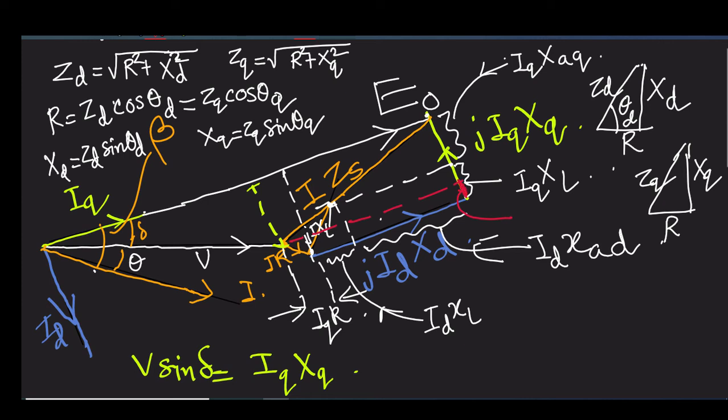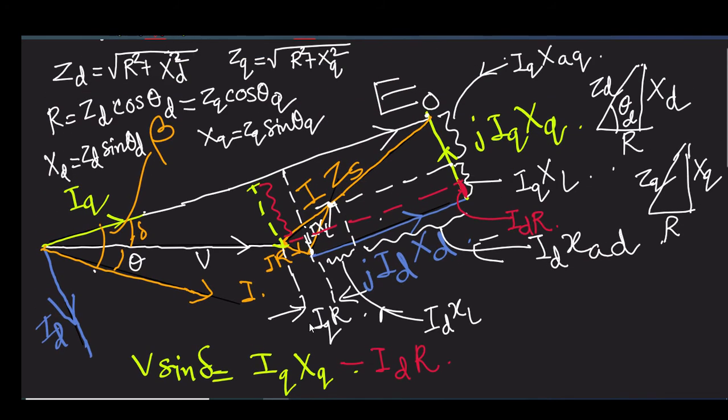So what is the length of this much? That is your ID R. So minus ID R. So we are talking about this much length.